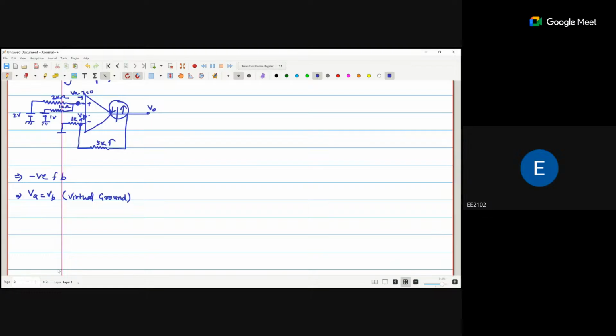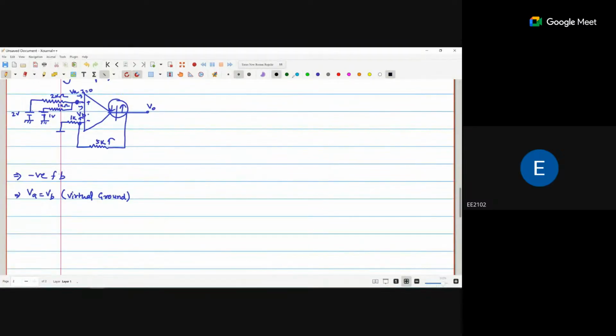Now you can see the current is not going inside in this direction. What is the direction of current? This is the direction of current. So what is the value of current I?